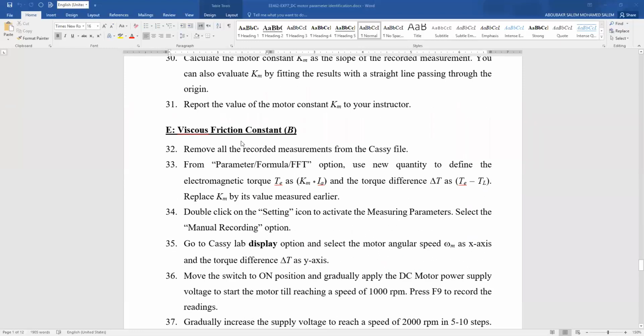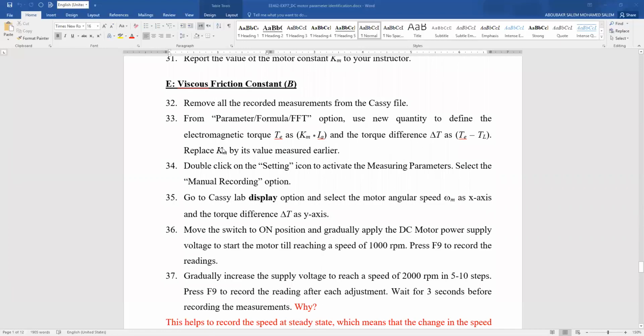For the viscous friction coefficient, we will make another test. Remove all recorded measurements from the CASI file. From parameter formula, we will define a new quantity for the electromagnetic torque, which is the electrical torque. We already measured a torque.